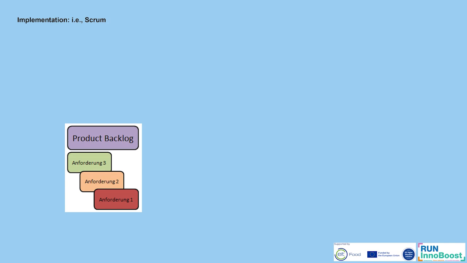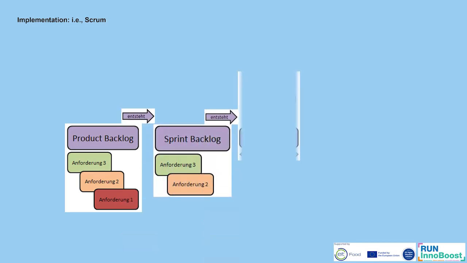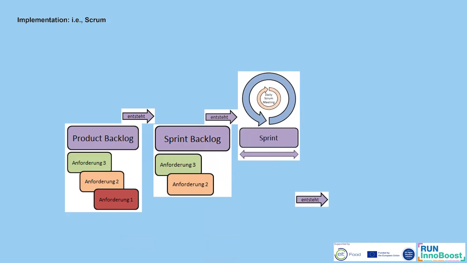As you can see from here, the Scrum method is based on 4 steps, resulting in the product backlog, the sprint backlog, the sprint itself, and then the product itself. Apologize, that is in German, but it's very easy.